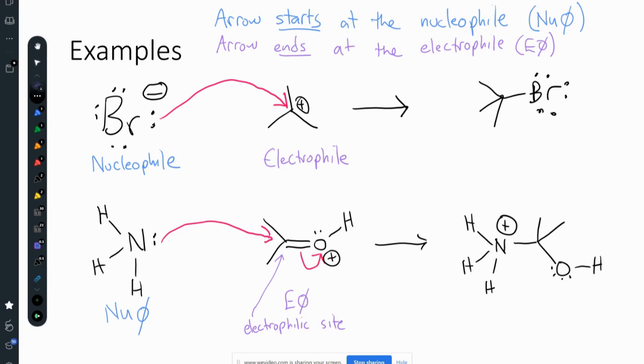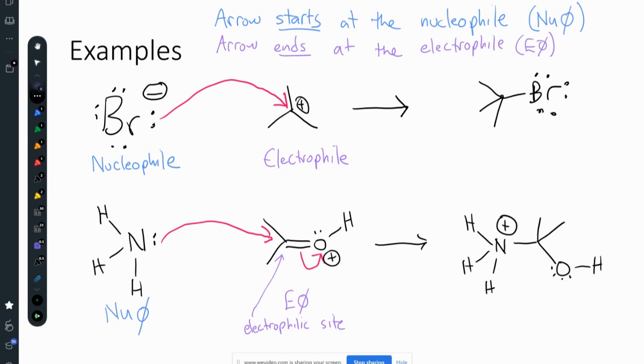Do you think something with low electronegativity or high electronegativity is more likely to go out and share its electrons? So I heard low electronegativity. Why would something with low electronegativity be more likely to go out and share its electrons? It doesn't attract its electrons as strongly.